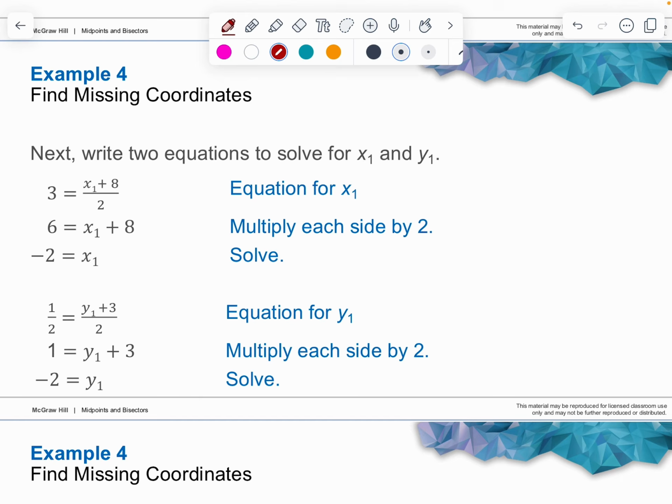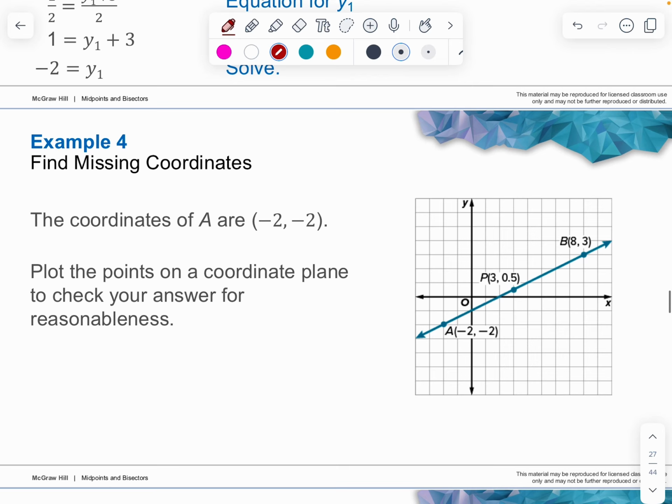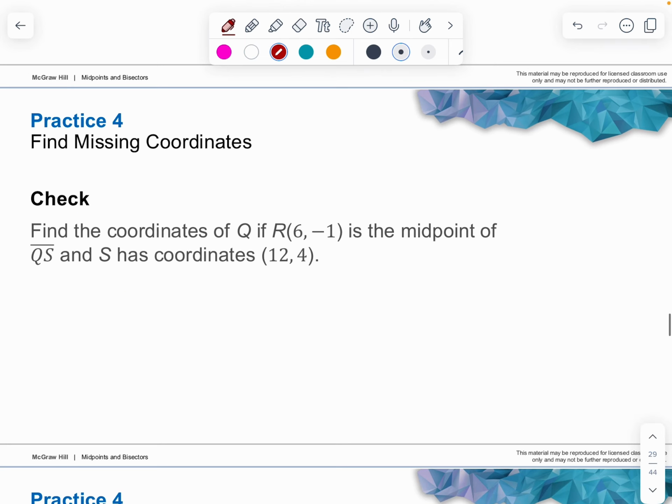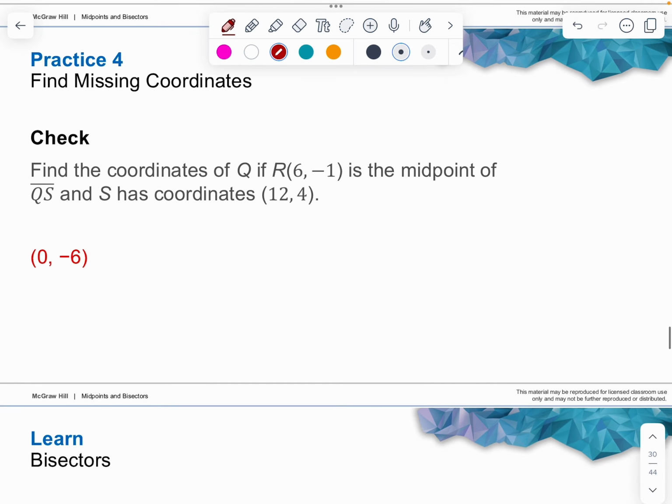Make sure that it looks right. Now go ahead and practice number 4. Find the missing coordinates. Pause me. And hopefully you found 0, -6.